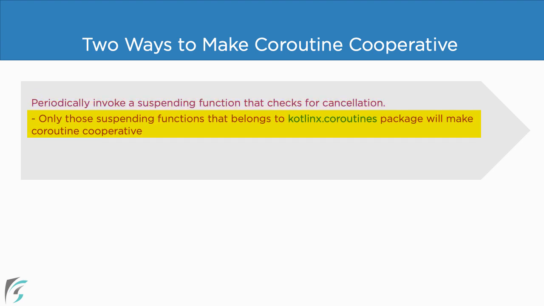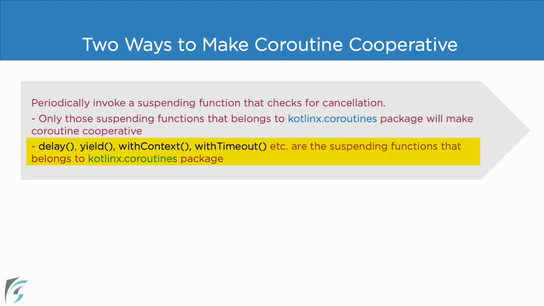And only those suspending functions which belong to KotlinX.coroutines package will make your coroutine cooperative and therefore cancelable. For example, the functions like delay, yield, etc. are the suspending functions which belong to that package. And if you use these functions in your coroutine, then your coroutine will become cooperative and therefore it can be cancelled by calling the cancel function.